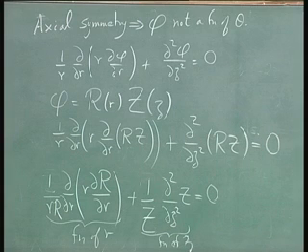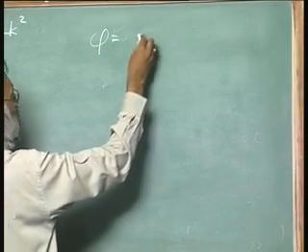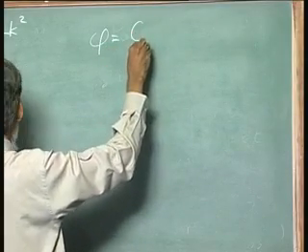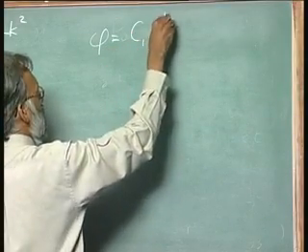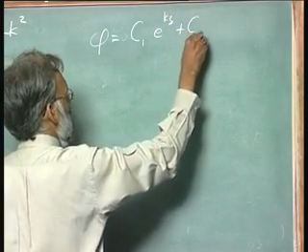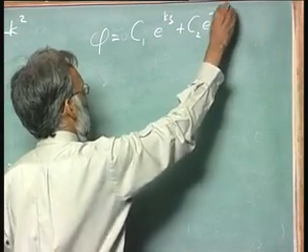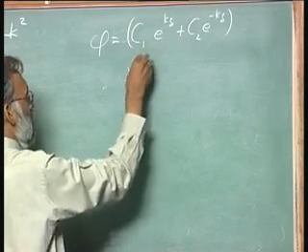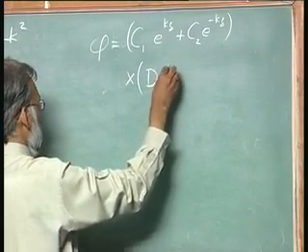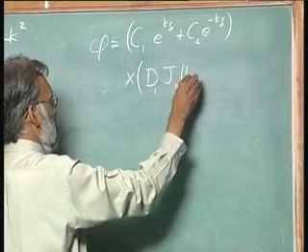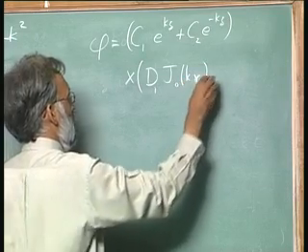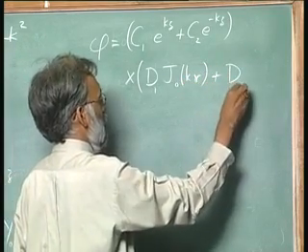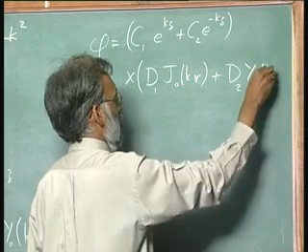All right. So, we have got a solution. Now, what is our phi? Our potential phi is equal to some constant C1 e to the kz plus another constant C2 e to the minus kz, multiplied by yet another constant D1 J0 of kr plus a fourth constant D2 Y0 of kr.